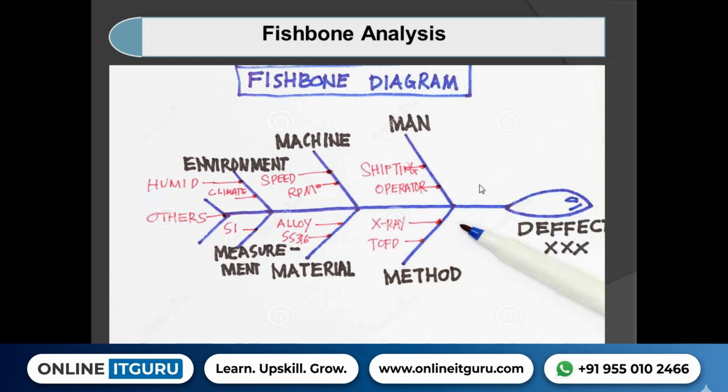If I don't have any work in the department, I can keep a person in another department, but I can't do that with a machine. Apart from that, I need to put some expenses for its daily maintenance. So that's why I will go with person. In this way, the fishbone analysis will give some defects and explain what kind of correct option we need to choose.